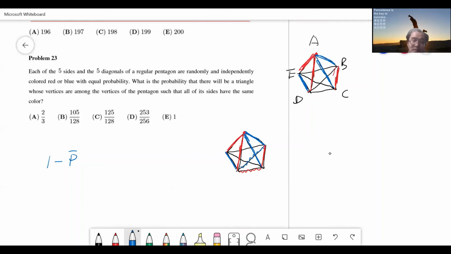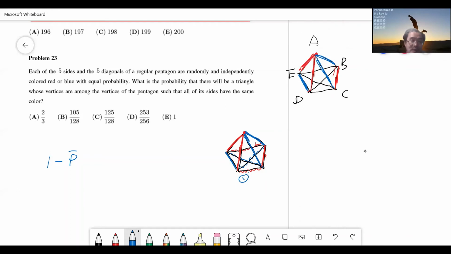If this is blue, then in this triangle, this must be red. So this will be red, these 2 are red, and this must be blue. We have a solution, right? So we start from here. The first one, we let this be red. Then we get exactly one solution.